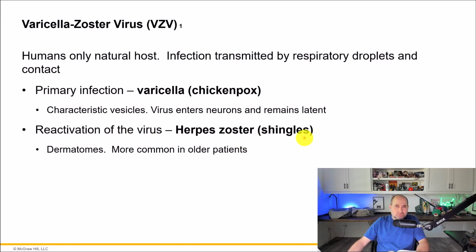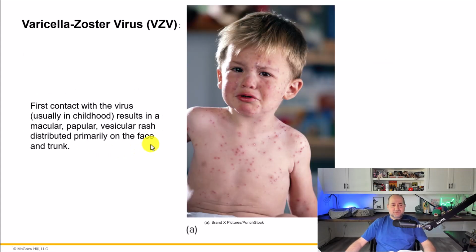And when shingles reemerges, it reemerges along dermatomes, which are pathways that follow where your neurons innervate the skin. And you see, this is what Varicella-Zoster virus, the chickenpox virus, looks like upon that first contact.